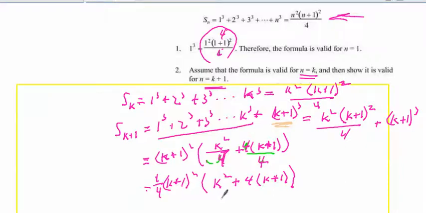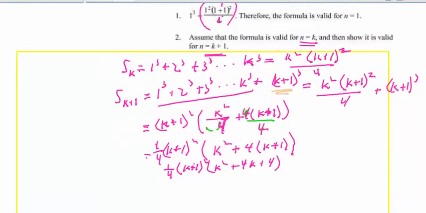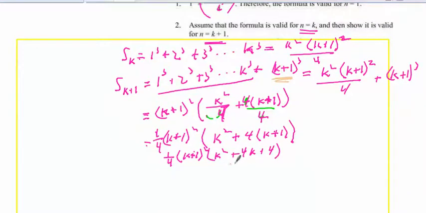And let's go ahead and distribute that. It gives me (k squared plus 4k plus 4) all times 1/4 (k plus 1) squared. And if we slide this down a little bit, this right side here is going to factor to (k plus 2) times (k plus 2).